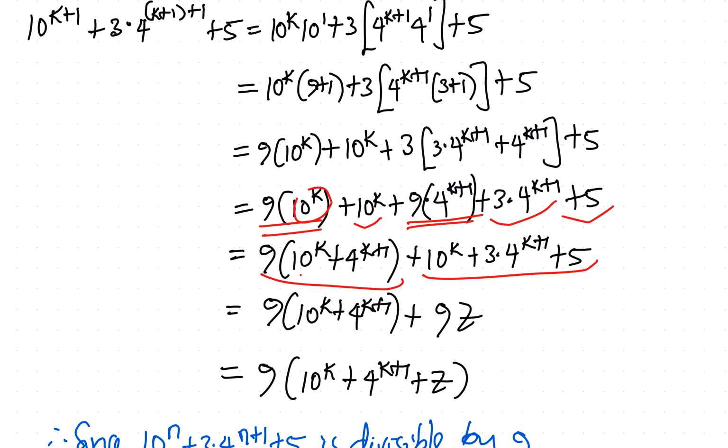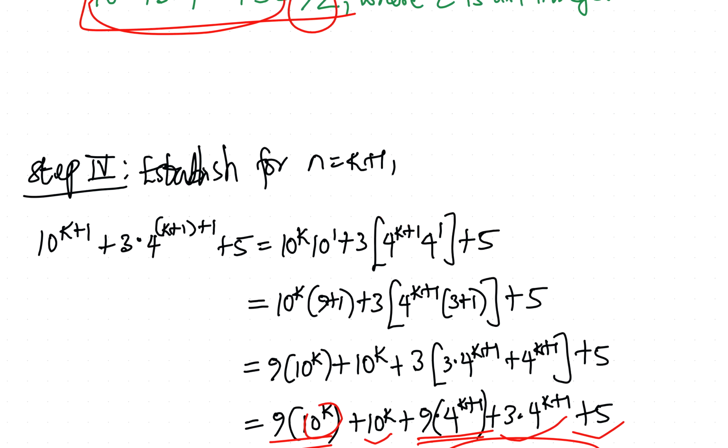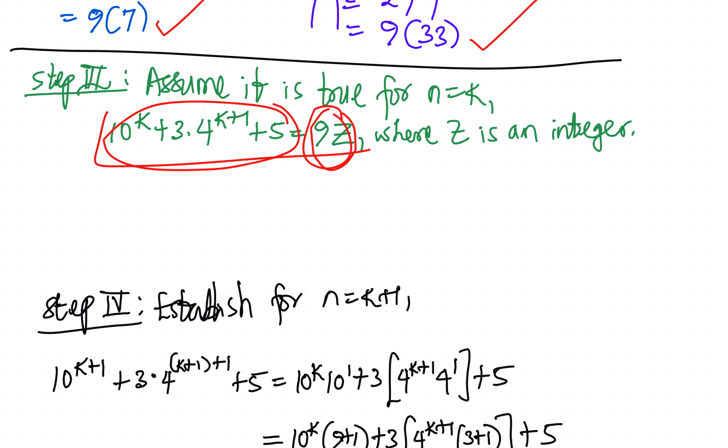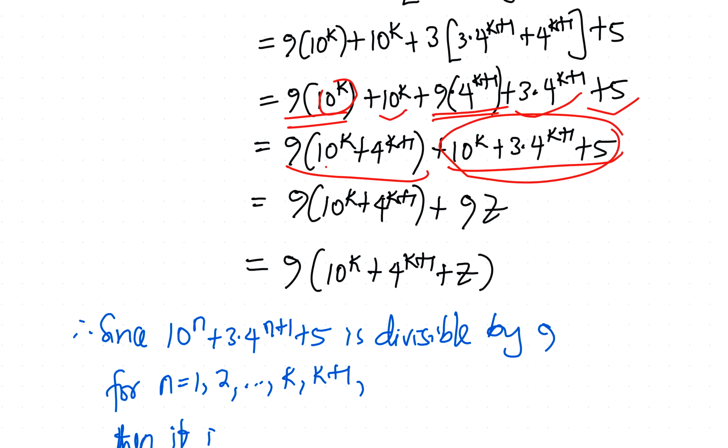And then don't forget, from where you assume that the expression is true for n, this expression is 9z. So take it back. So this whole expression can now be 9z. So you have 9 into 10 raised to the power k plus 4 raised to the power k, plus 9z. So 9 is common. So you have 9 into 10 raised to the power k plus 4 raised to the power k plus z. Don't forget, this is an integer already.